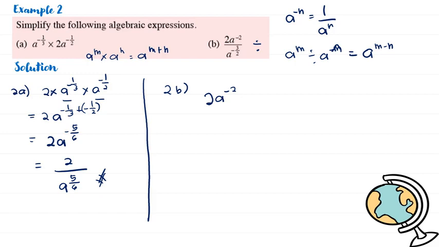Divide means that the index you have to subtract, subtract with negative 3 over 2. Seeing this one has a similar base, the answer should be 2a power of negative 1 over 2. Remember this one you have to apply this rule. So you leave the answer as 2 over a power of 1 over 2. So this is the final answer.